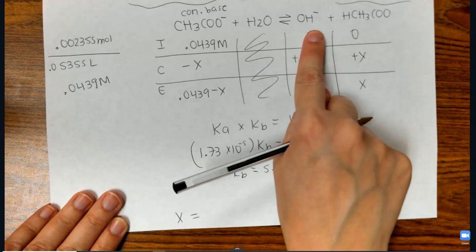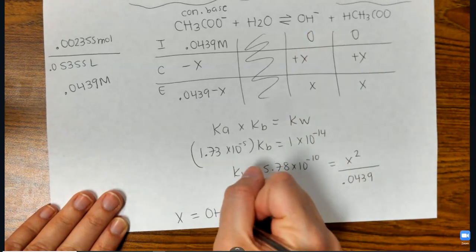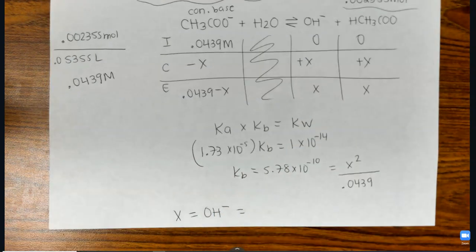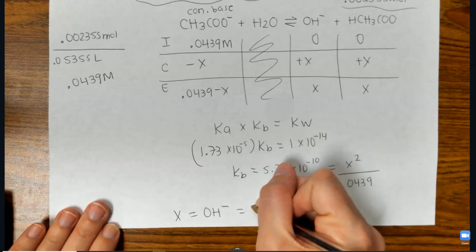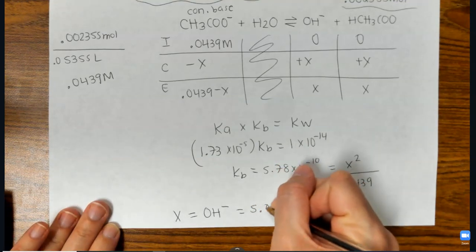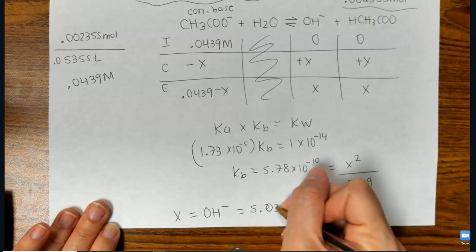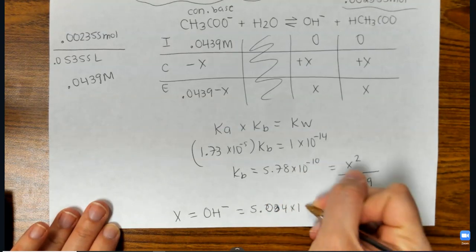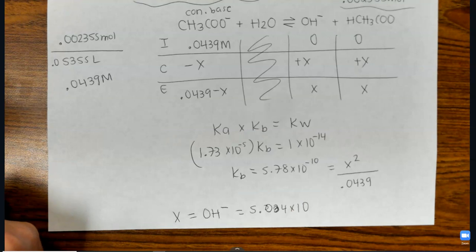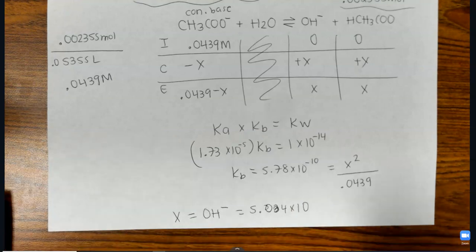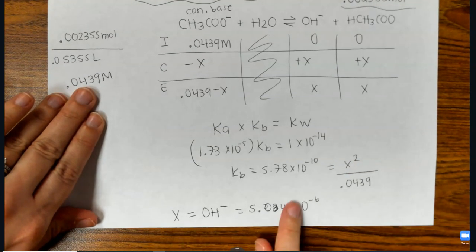I solve for x. And again, you just need to be careful. X is not H, X is OH. So that times 0.0439. Square root that, and we get 5.04 times 10 to the negative 6.